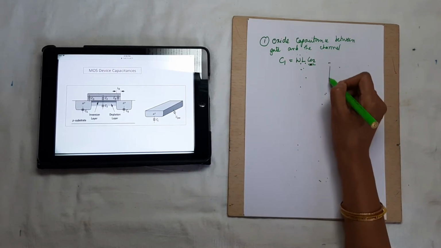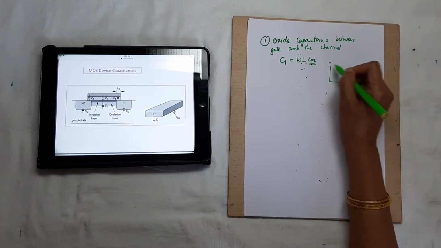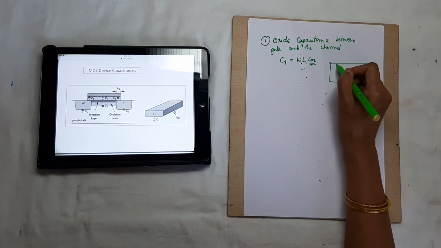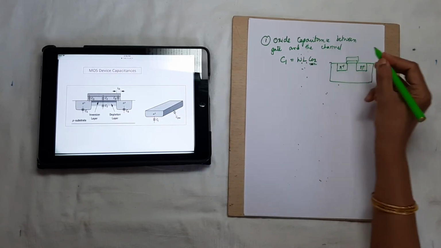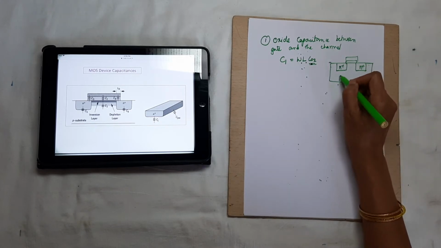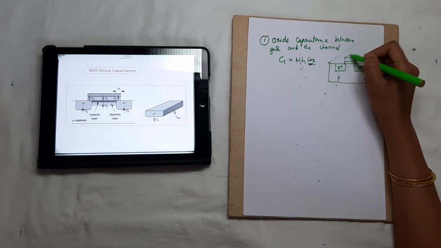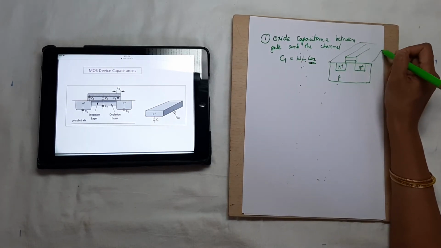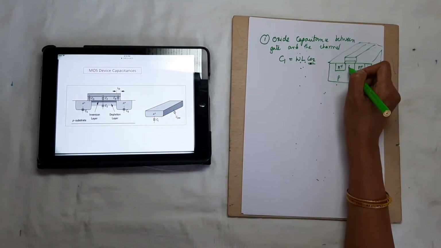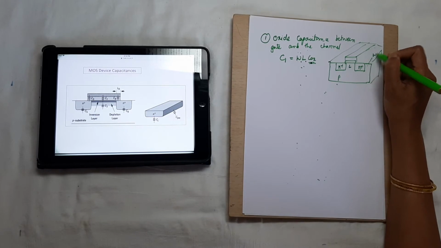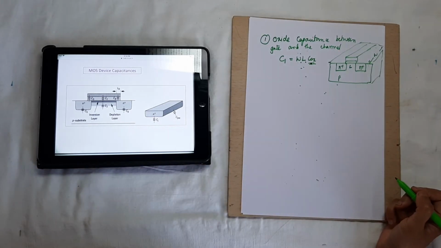If you see the structure of the MOS transistor, that is a three-dimensional structure. It is like this. This gives the length of the transistor, whereas this indicates the width of the transistor.